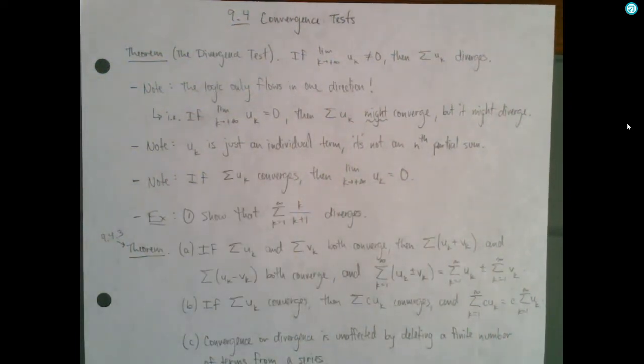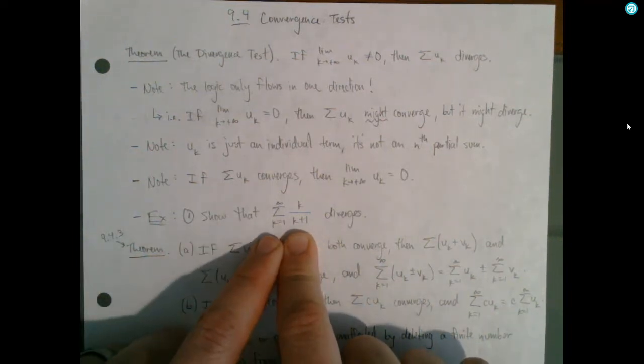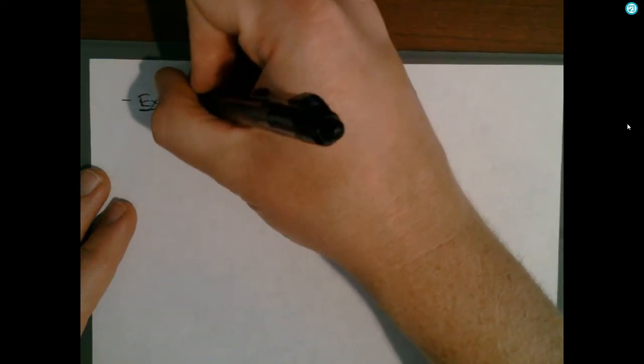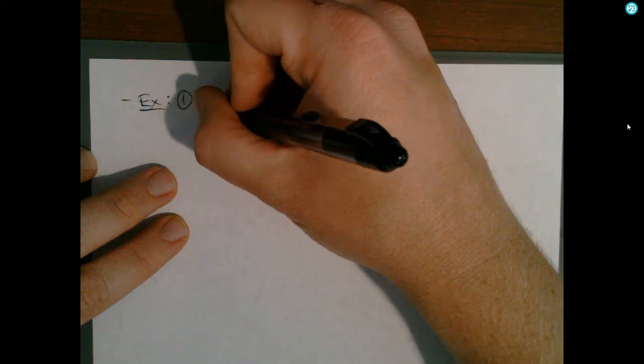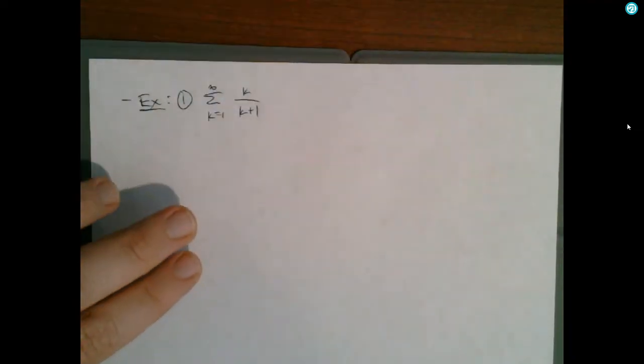Okay. So to give you an example of this, let's show that this series here, k over k plus 1, diverges. So we've got this series, k over k plus 1. And we'll use the divergence test to show that this thing diverges, right?